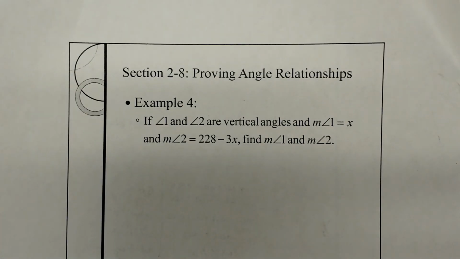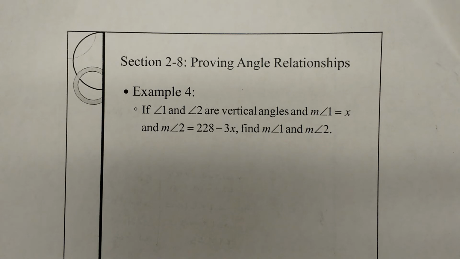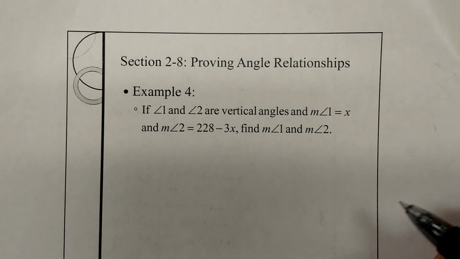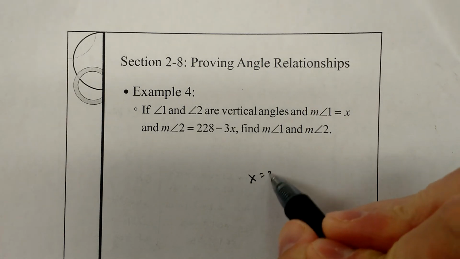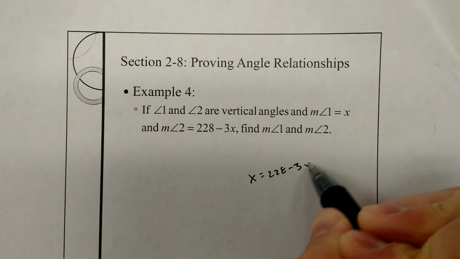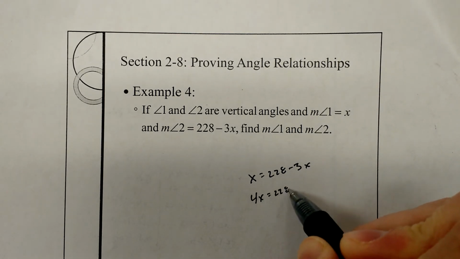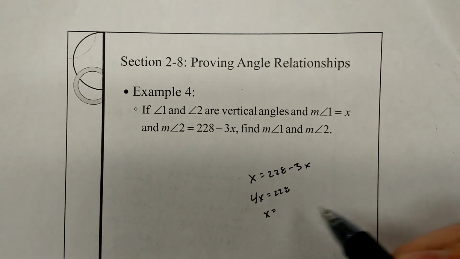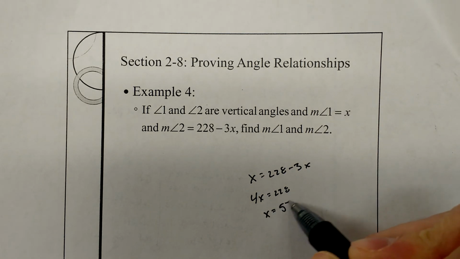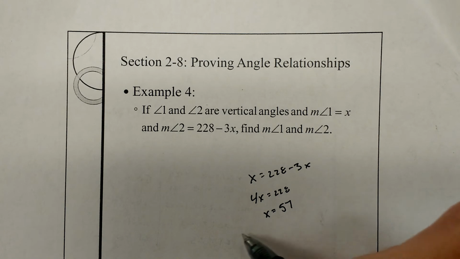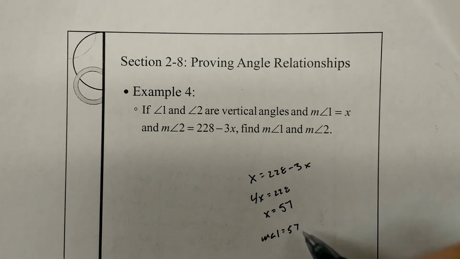And example 4: if 1 and 2 are vertical angles, and angle 1 is x and angle 2 is the other expression, find 1 and 2. Well, if they're vertical, they are equal to each other. So if I bring the 3x over, I have 4x equals 228, which means x is 57 degrees. So that's measure angle 1, because measure angle 1 is x.